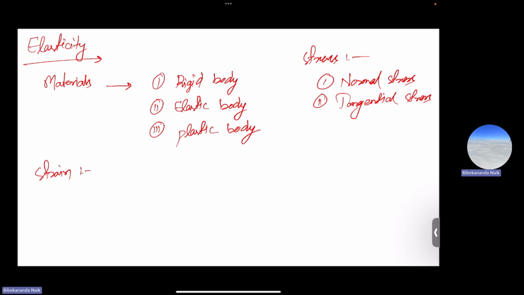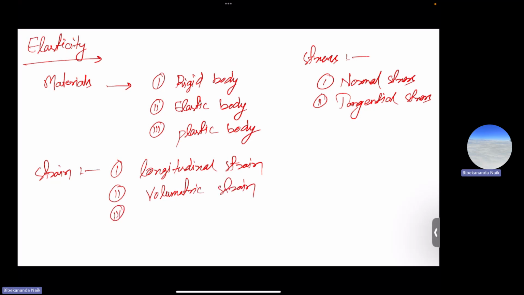Strain is defined as the ratio of change in dimension to the original dimension of the body. So due to the application of stress, there is strain. There are different types of strain: one is longitudinal strain, two is volumetric strain, three is shear strain, and the fourth one is lateral strain.